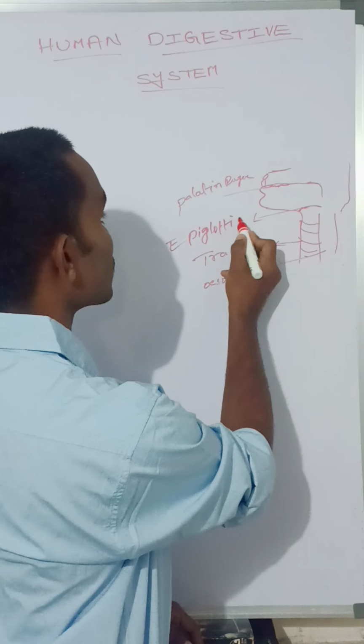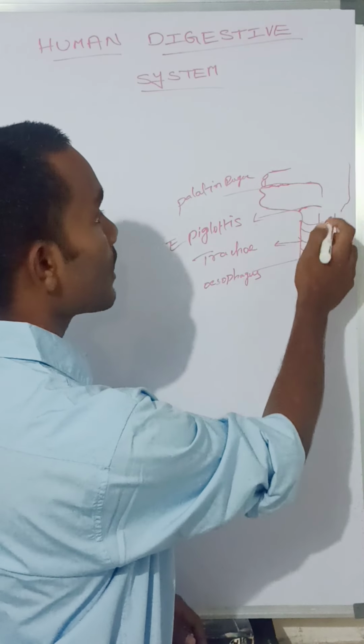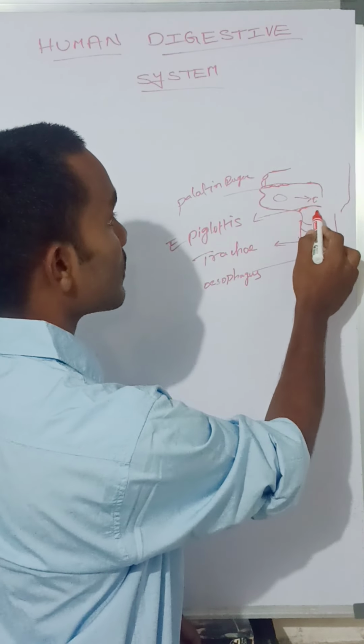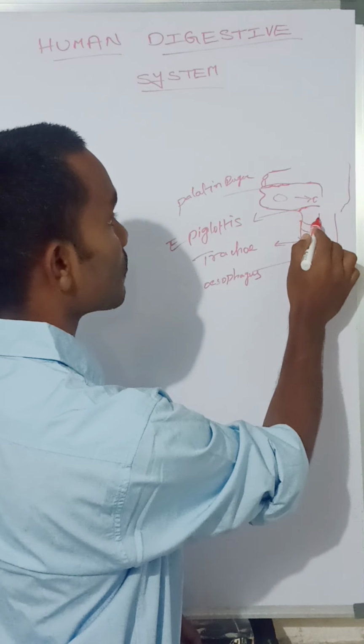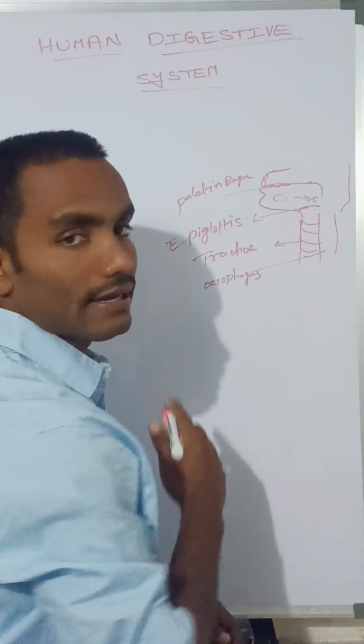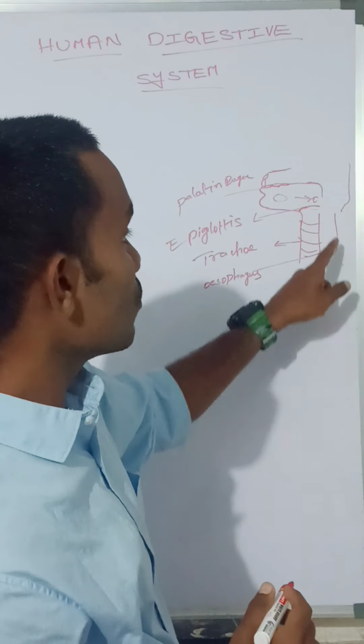What is its function? When you take the food, while the food is coming inside, the epiglottis closes the trachea, then the food is slowly deglutited into the esophagus.